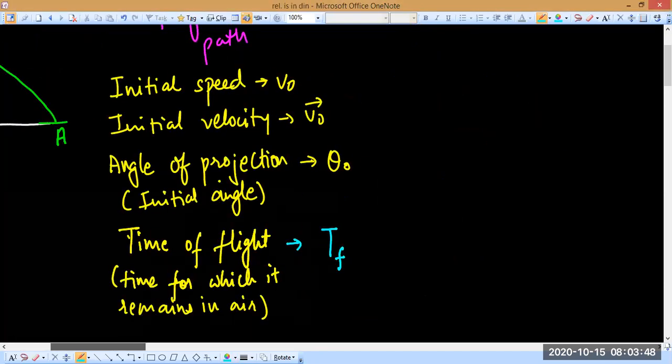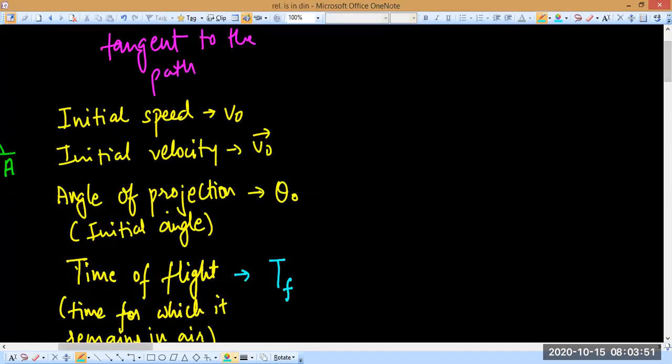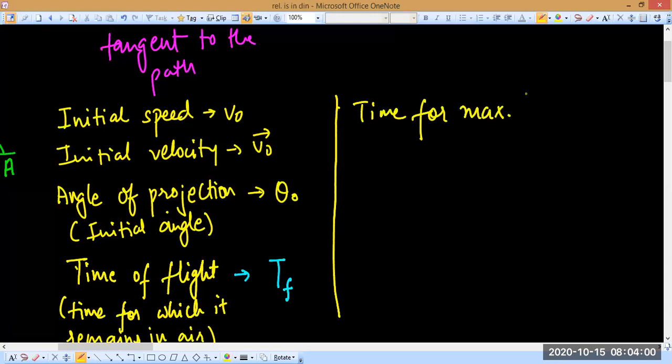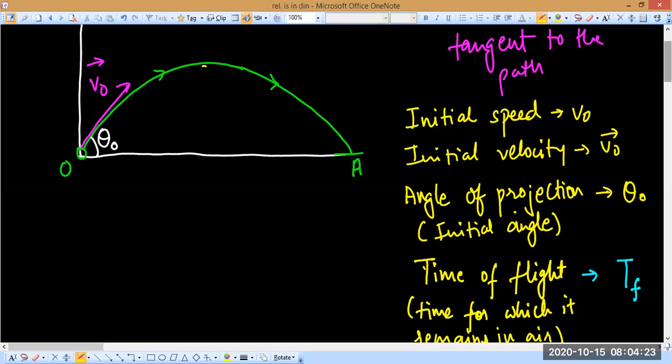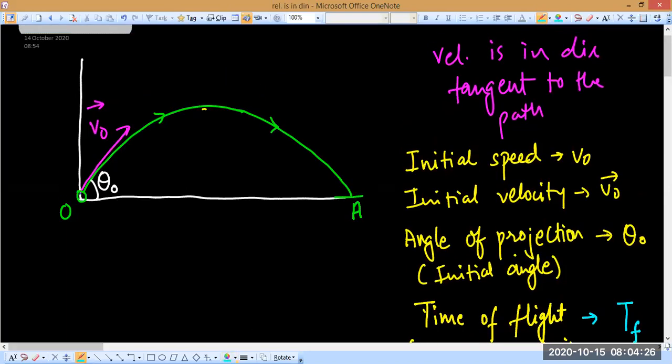Then the next term that we're going to talk about is time for maximum height. Capital T I think is compulsory. Generally, we write small t to indicate time and time interval, but this is something special, so I prefer we write capital T. Time for maximum height means in how much time it will reach from here to the maximum height over here.